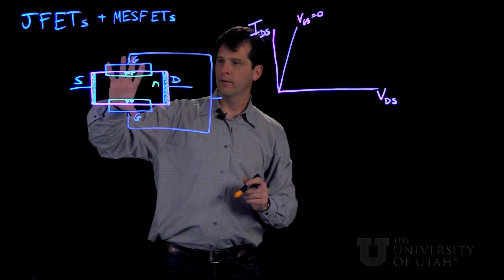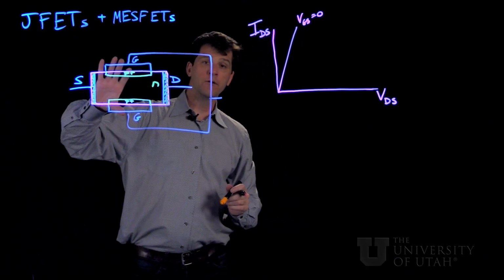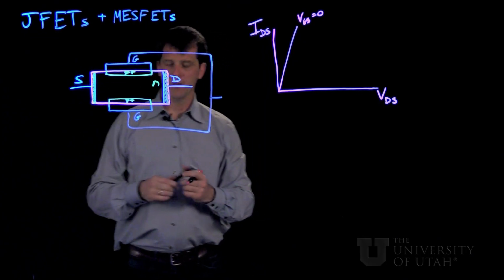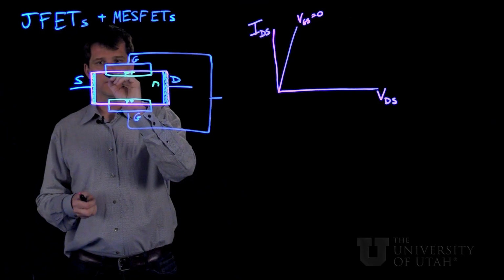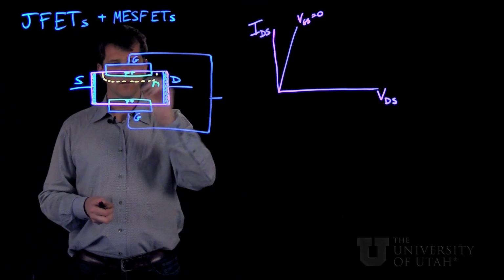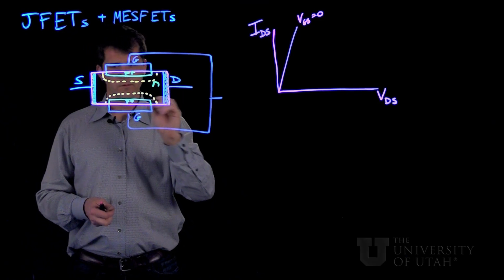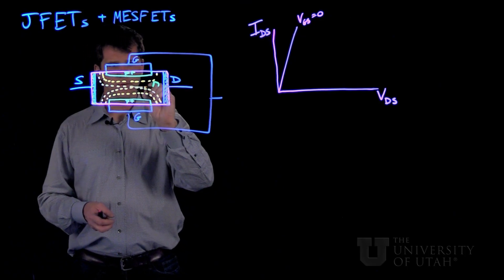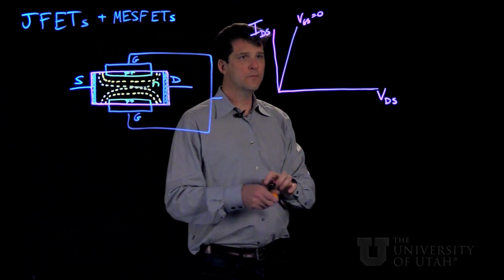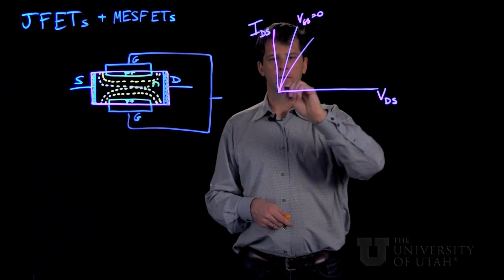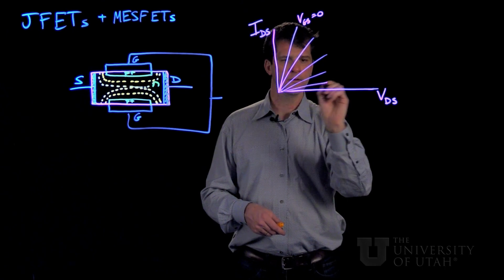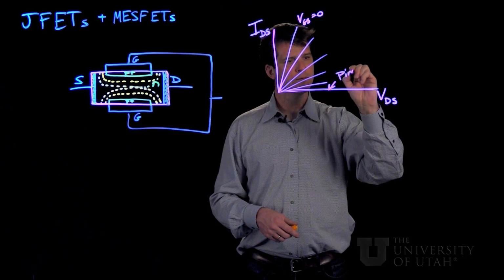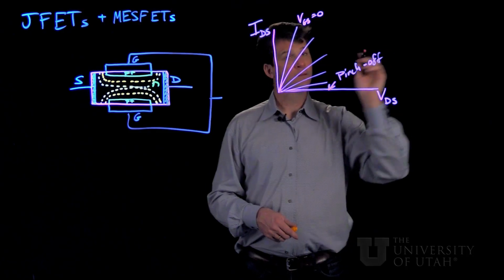Now, as we start to add reverse bias to the gate with reference to the body of this transistor, the depletion widths will progressively march out from these 2 contacts, and we'll see progressively less and less current until finally we can pinch off the current.